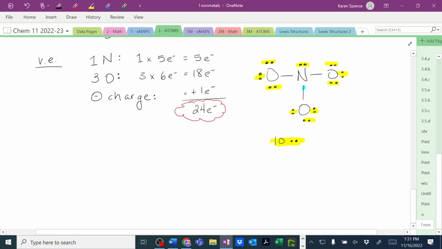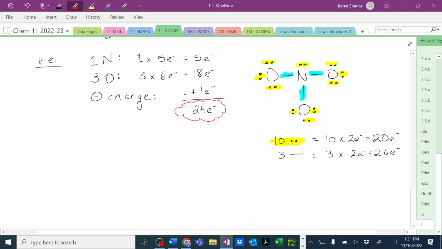And 1, 2, 3 lines. So that's going to be 10 times 2 is 20 electrons, and I have 3 times 2 is 6 electrons.